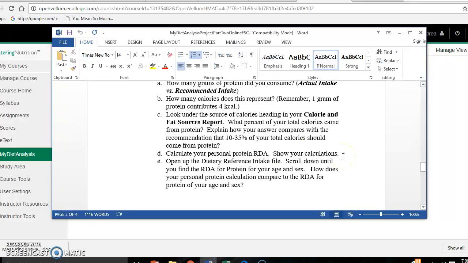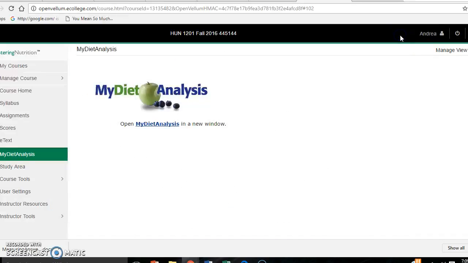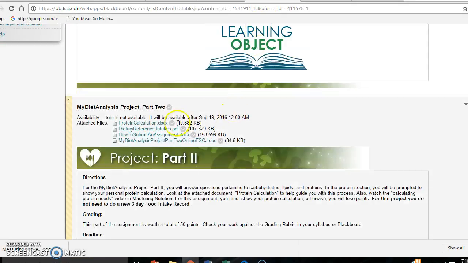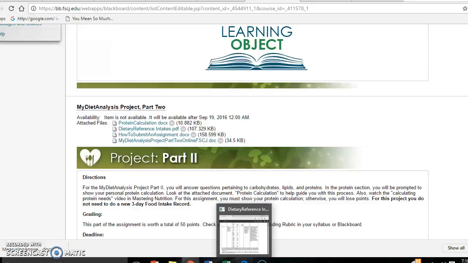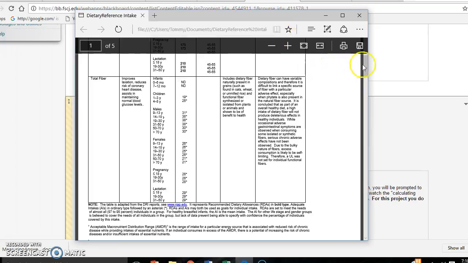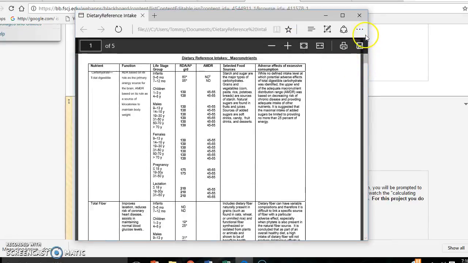After you calculate your personal protein RDA, letter E says to open up the dietary reference intake file. You have the dietary reference intake file right there. If you open it up, this is what you will see.